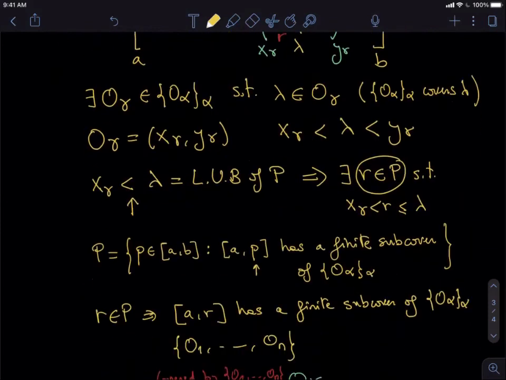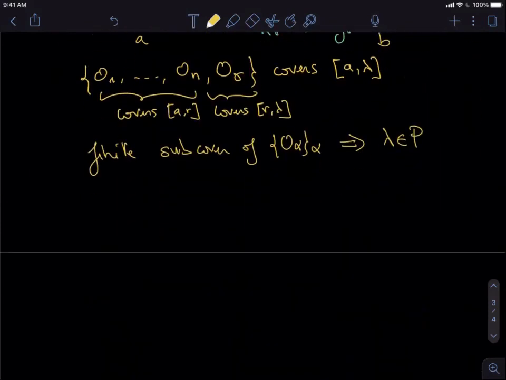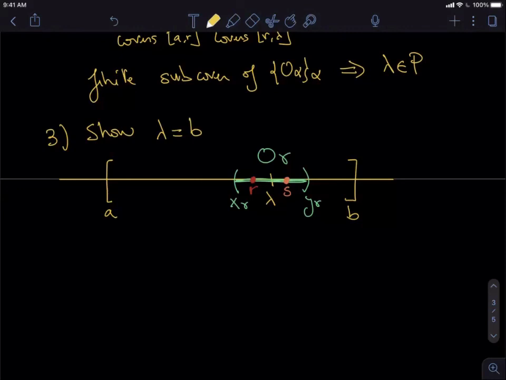Now step 3 is to show, once we know that lambda is in P, that lambda actually equals B. We are going to prove it by contradiction.